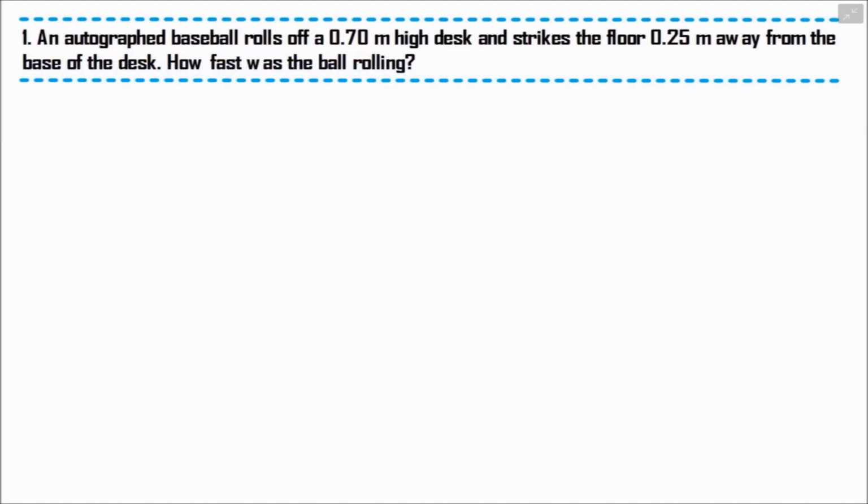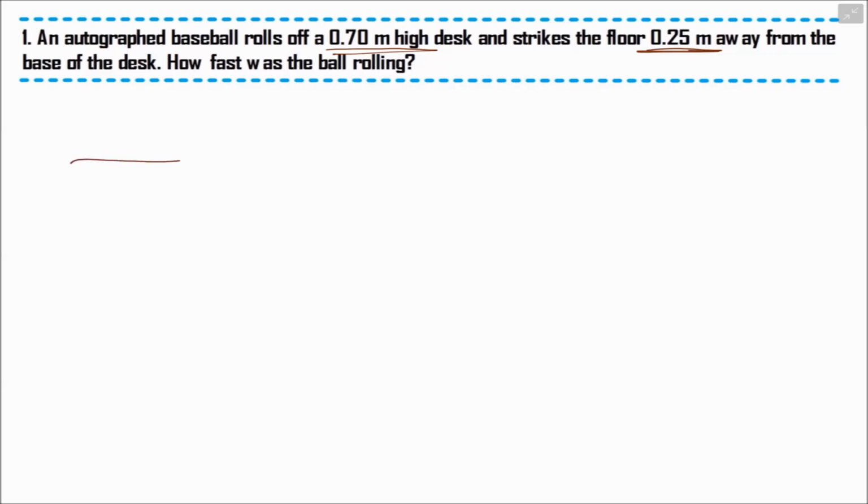Hello, welcome everyone. In this question it says an autographed baseball rolls off a 0.7 meter high desk and strikes the floor 0.25 meter away from the base of the desk. How fast was the ball rolling?